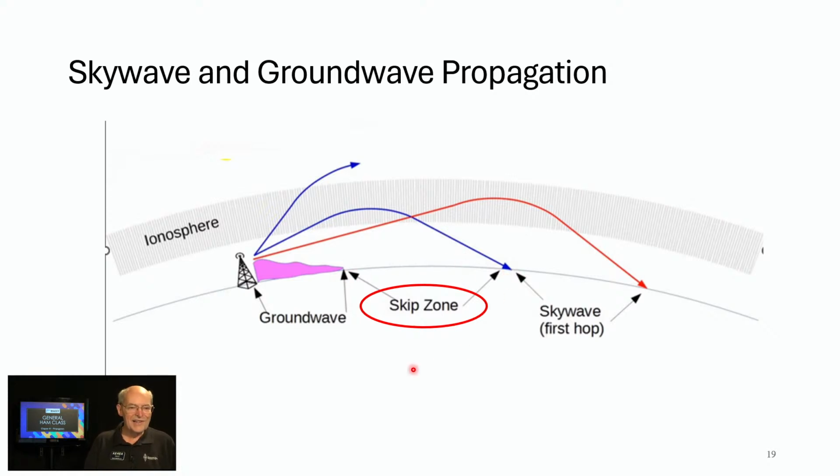You can't hear anything in the skip zone because in this case the signal has petered out, ground wave. In this case it hasn't come back down to Earth yet, so there's no signal in the skip zone. We're going to see an exception to that coming up a little bit later. But the concept of the skip zone is what I wanted you to pick up on.